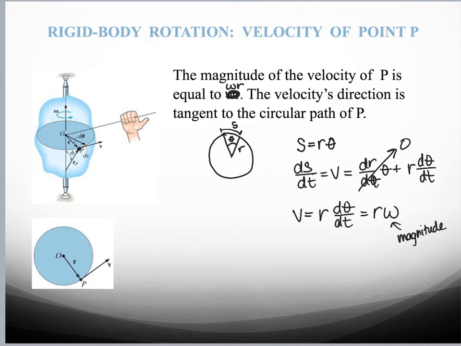If we think about how we find that vector just in general, we're going to use the fact that the velocity can be found by taking omega cross r.